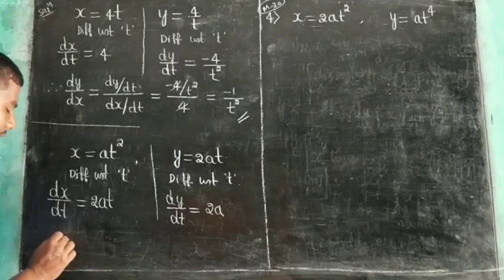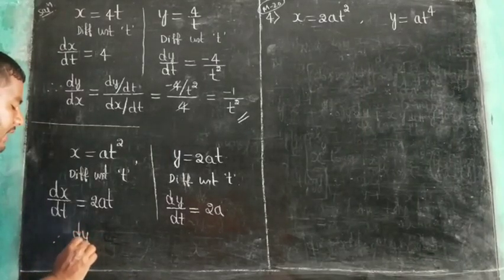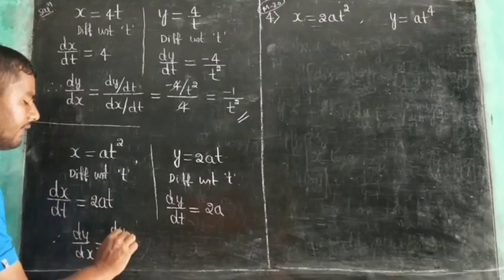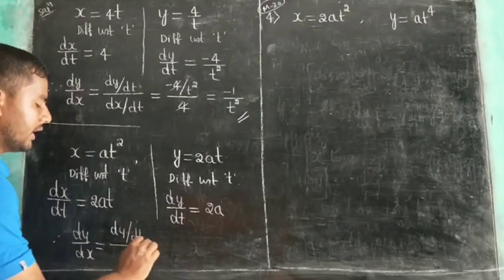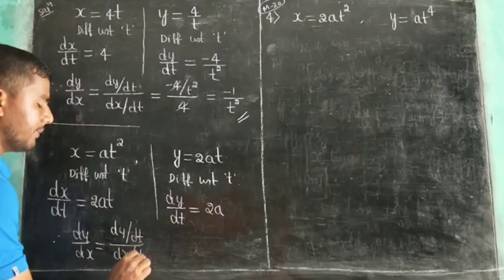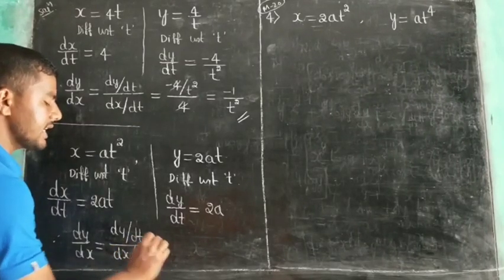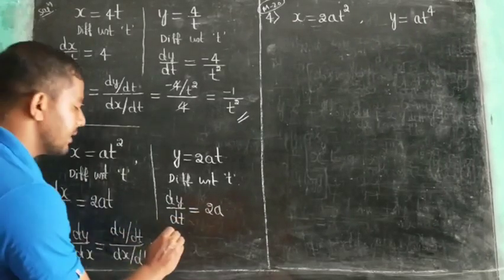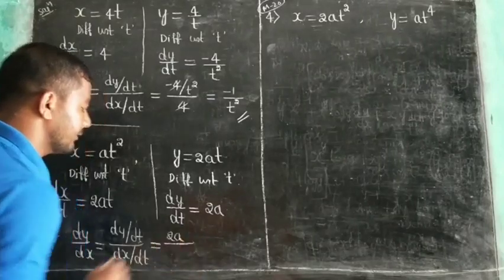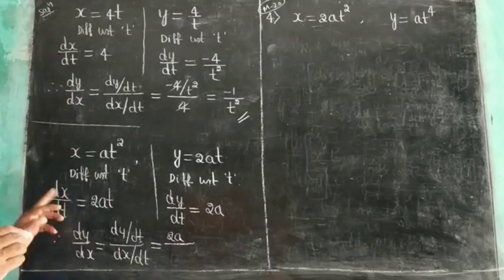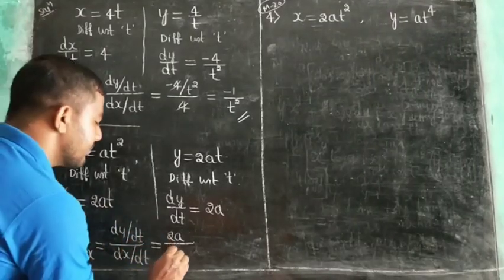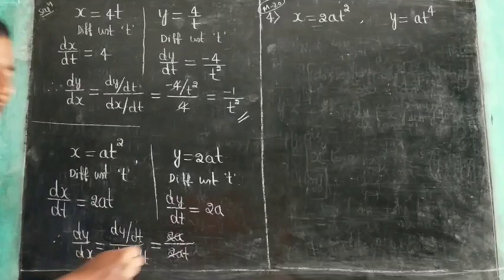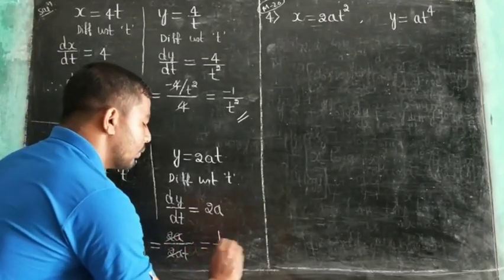Then finally write the formula for dy by dx. dy divided by dx is equal to dy divided by dt whole divided by dx divided by dt. dy by dt is 2a divided by dx by dt, which is 2at. Here 2a are cancelled. So the final result is 1 divided by t.